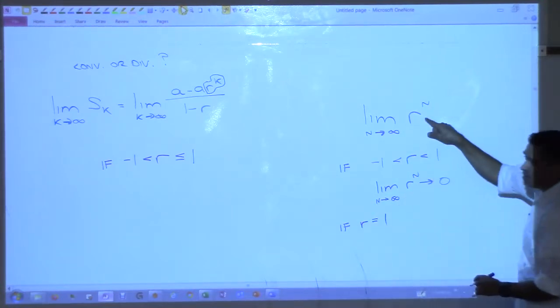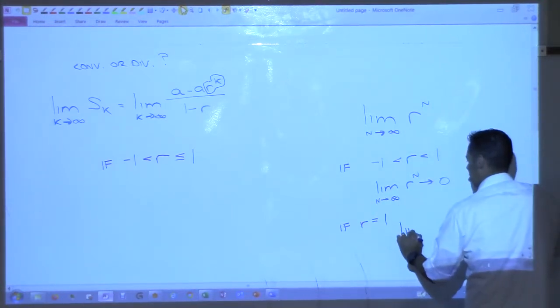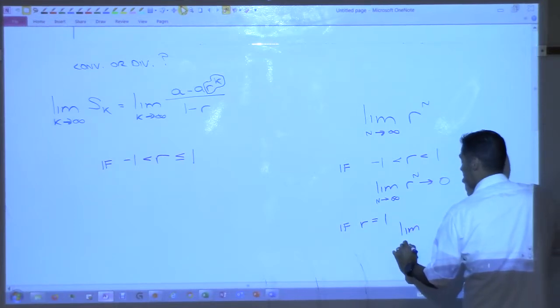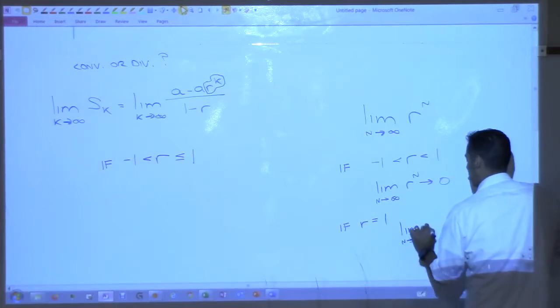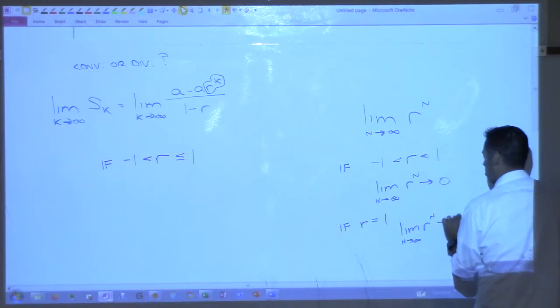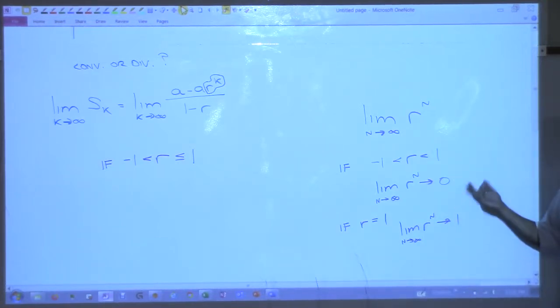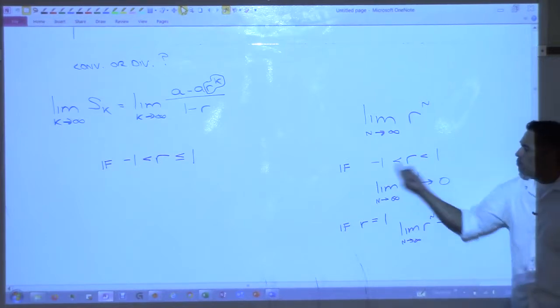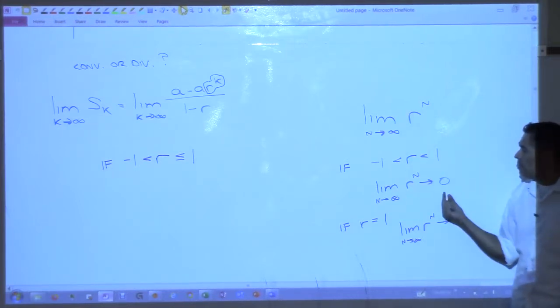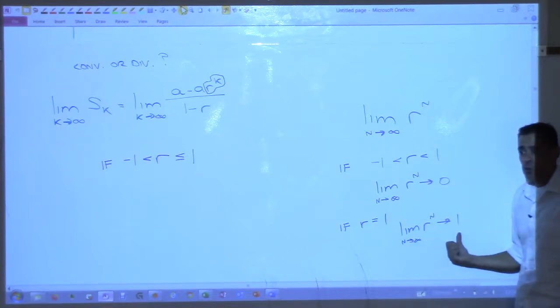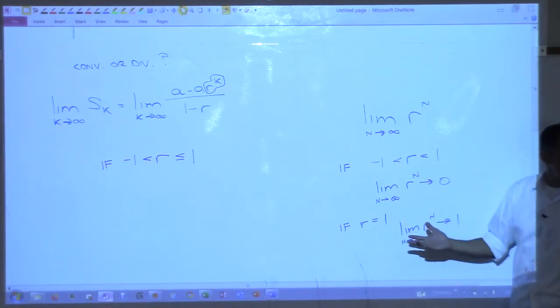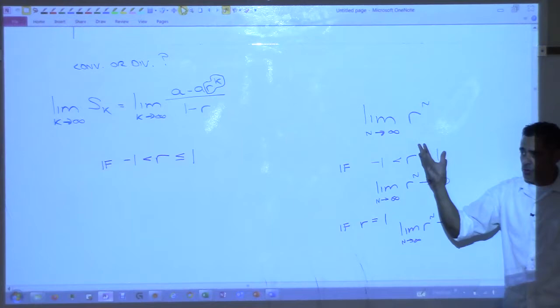If r is 1, this thing is just 1. The limit as n goes to infinity of r to the n converges to 1. It's 1 to any power. And then what about if it's anything else? It just gets huge. So if r is between negative 1 and 1, this thing goes to 0. If r is 1, it goes to 1. Any other situation, the thing blows up, gets huge.